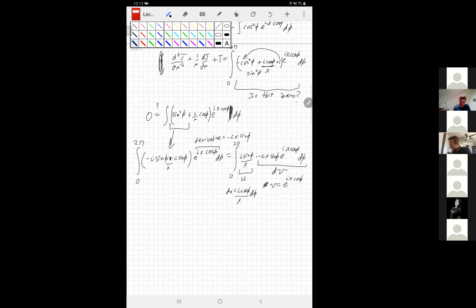So now we can do our integration by parts. We're going to get uv evaluated from 0 to 2 pi minus the integral of v du from 0 to 2 pi.